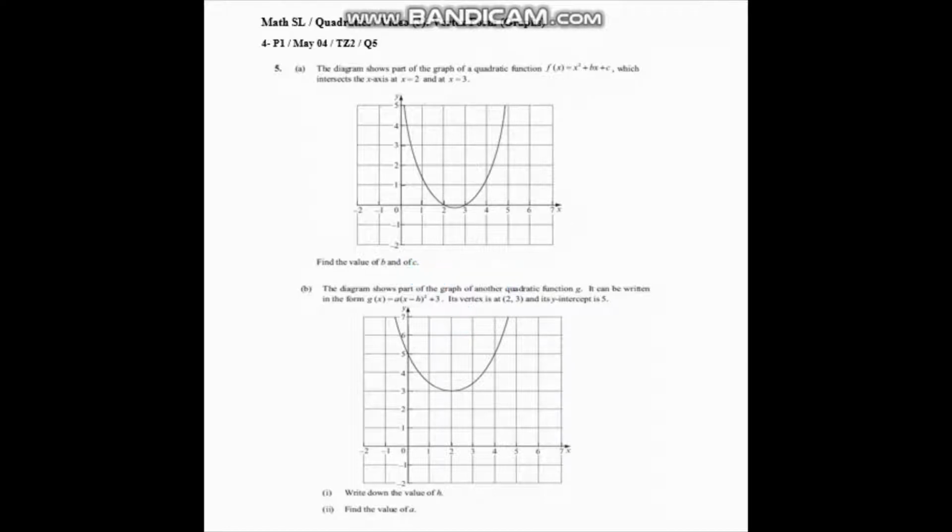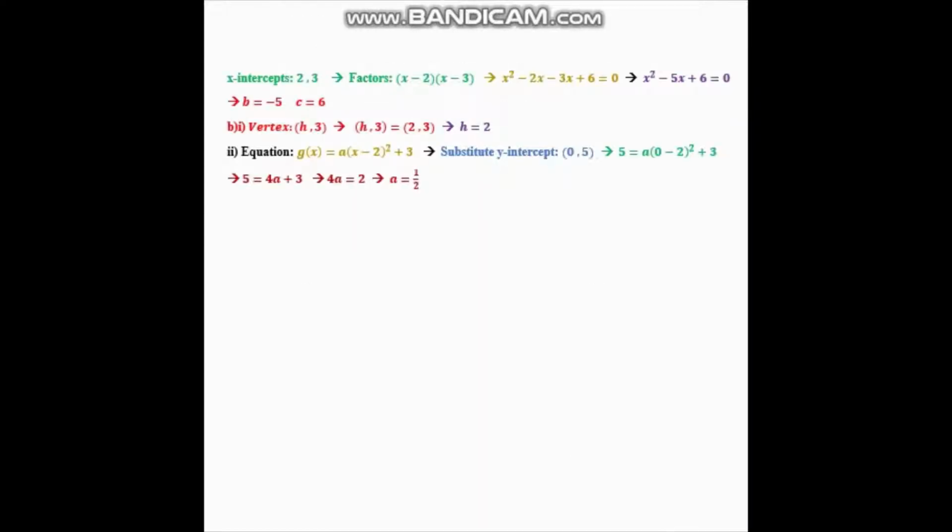In order to find the value of a, I need to plug another point into the equation. So knowing that the equation now is expressed as a times x minus 2 squared plus 3, I've substituted the h with 2.